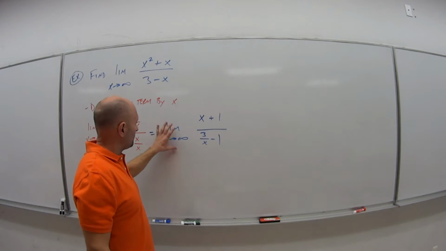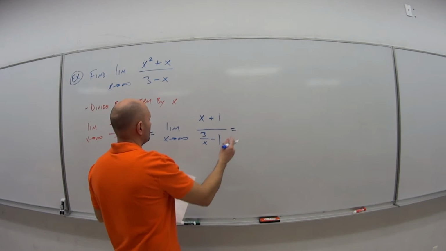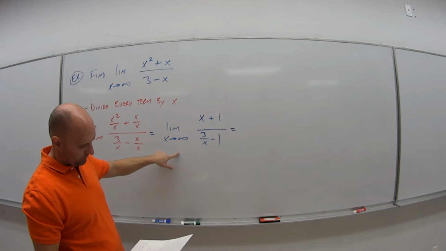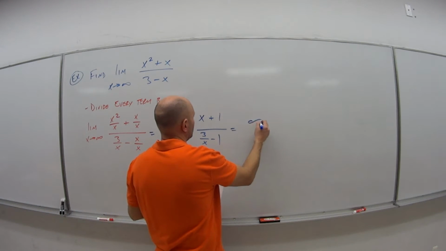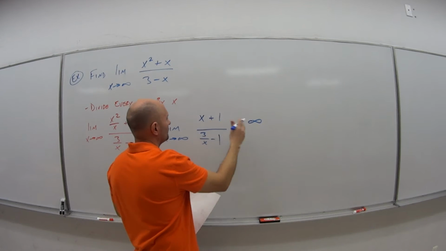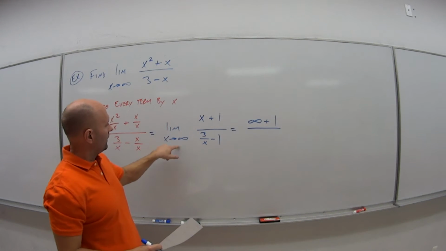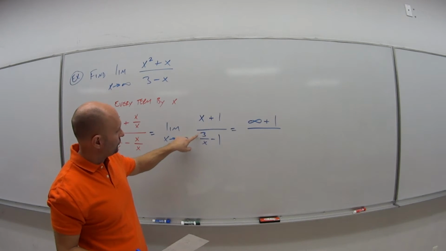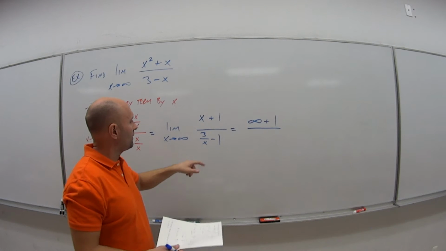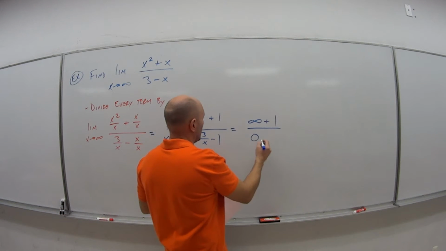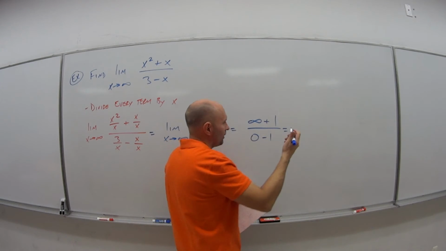Now go ahead, apply this limit to each piece, see what we get. So the limit as x goes to infinity, if I plug that in, I get what? Infinity plus 1 all over, as x goes to infinity, this first term in the denominator, 3 over x, goes to 0, minus 1. So infinity plus 1 is what?